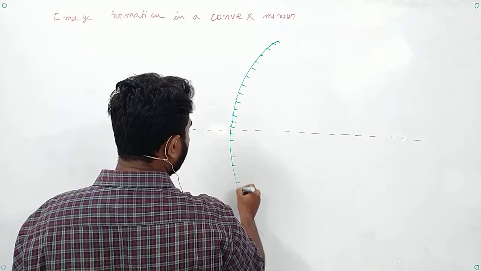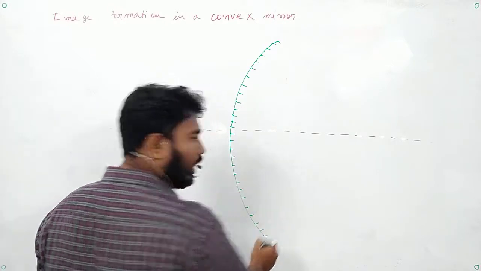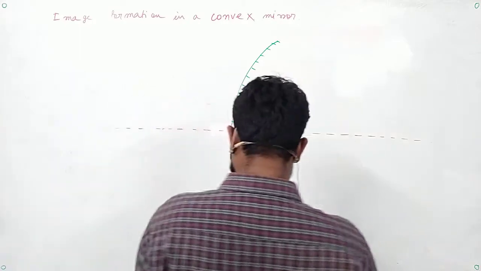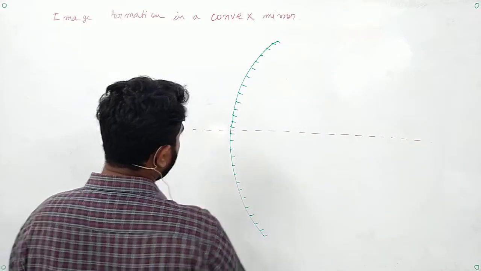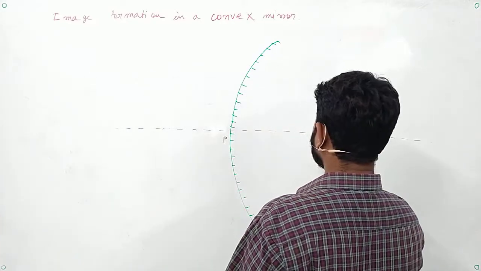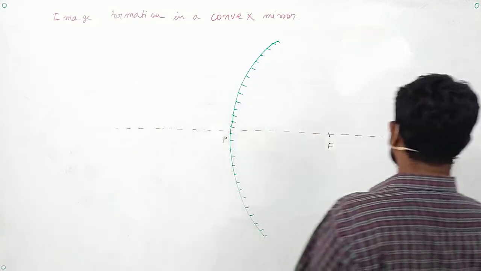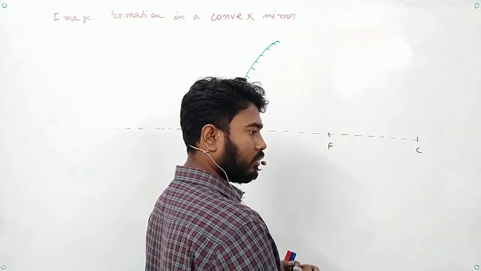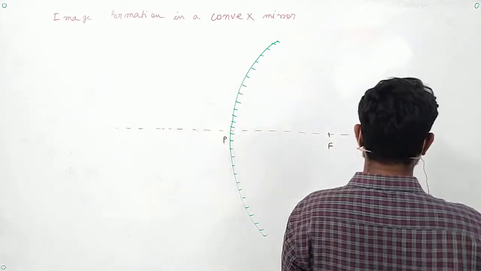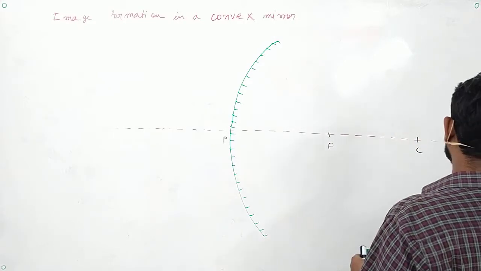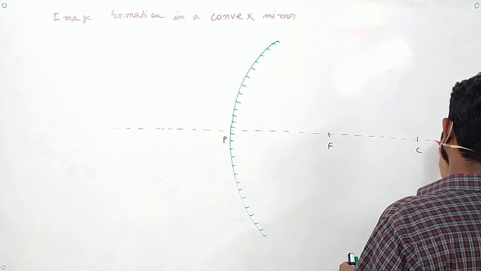I am drawing a big convex reflecting surface. We all know that this one will be pole. If this is the focus, this one will be the center of curvature. Okay, let us now extend this point a little bit more distance.